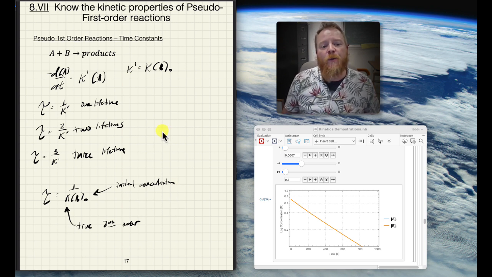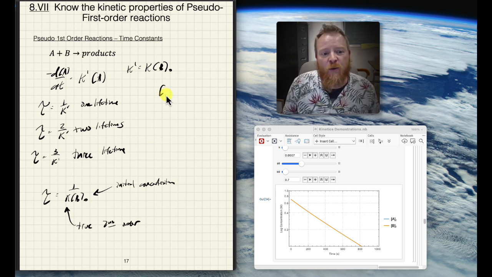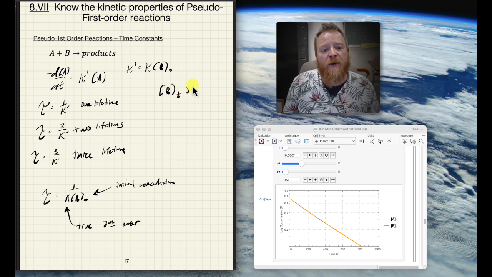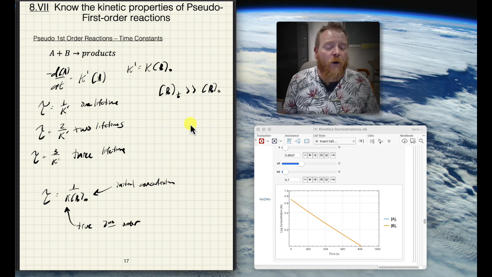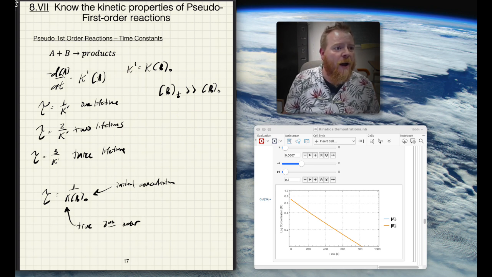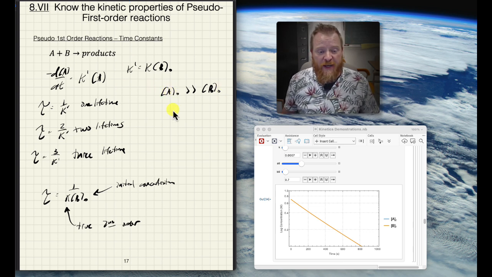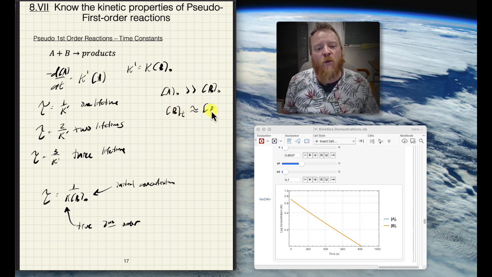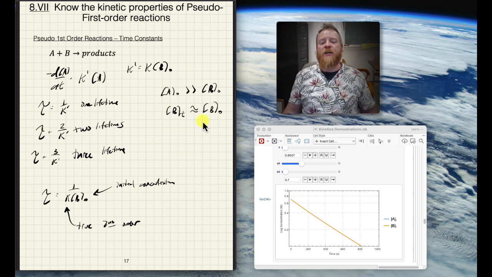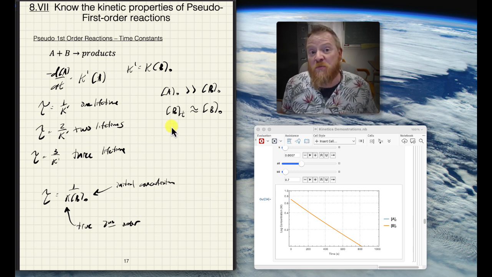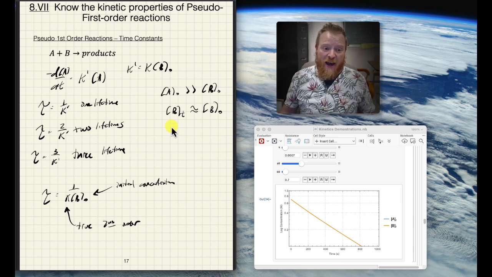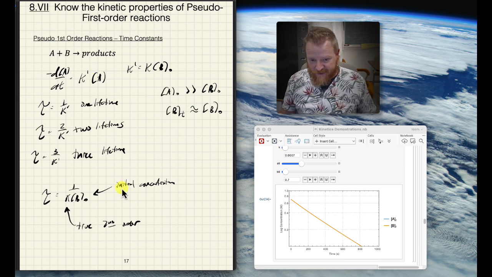However, we've imposed the following condition: A initial is much, much greater than B initial, or B at any time is roughly equal to the initial B concentration. Either scenario results in B not changing in time, and thus it can be treated like a constant.